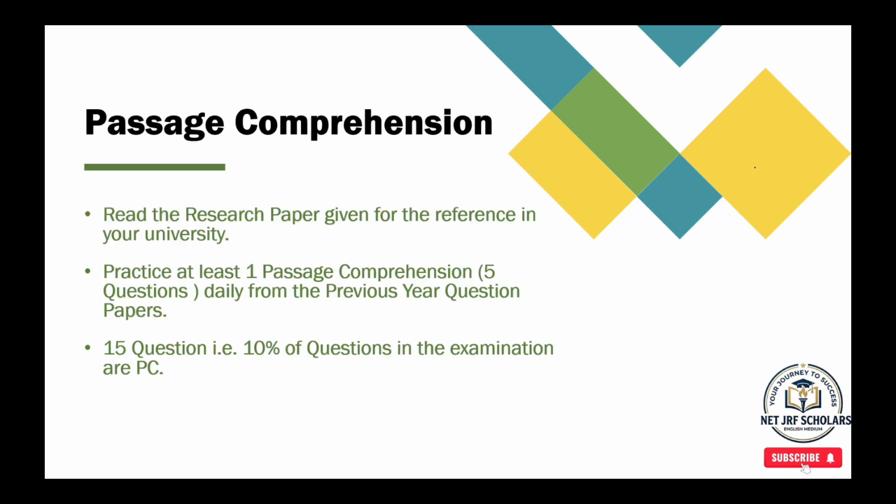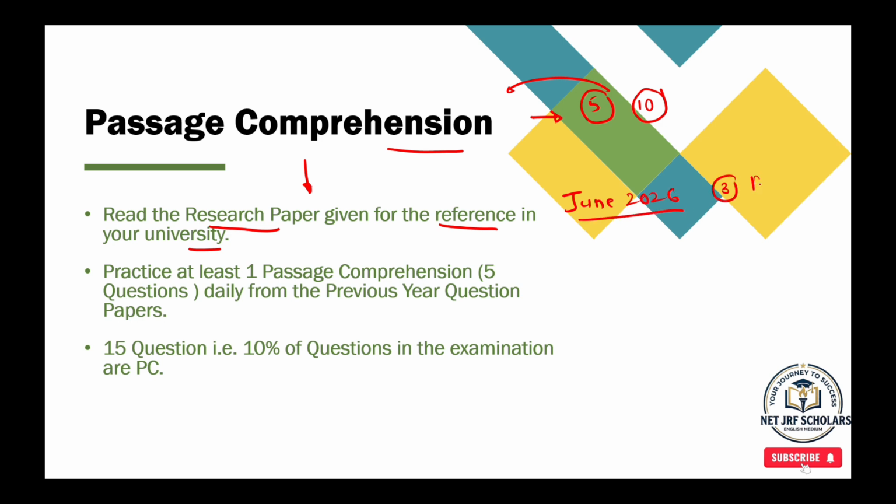Next most important is passage comprehension. From Paper 1 you'll get 5 questions. From Paper 2 you're going to get 10 questions from passage comprehension. One good thing you can do is start reading the research papers that are given as references in your university, because as per the recent trends of June 2026, out of 3 passage comprehensions combined from Paper 1 and Paper 2, 1 or 2 are from research papers.